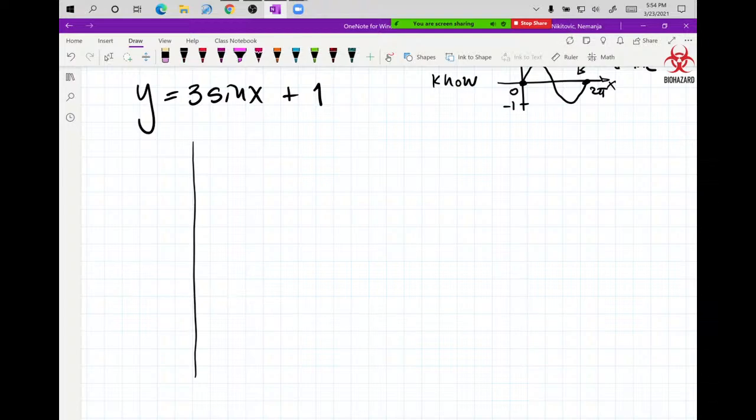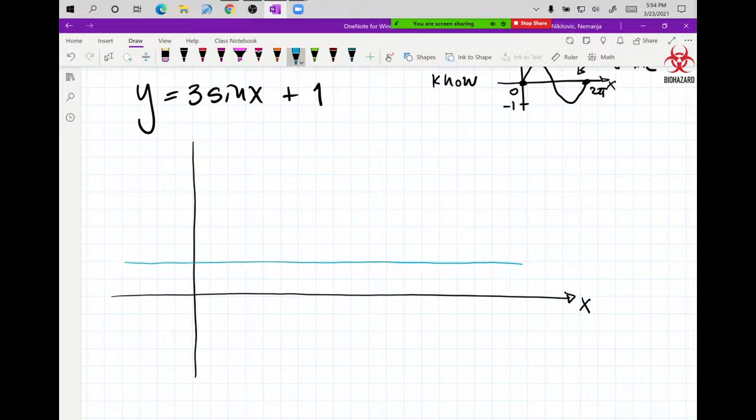My original midline is where the x-axis is. But now, because of +1, the midline is going to go up. Let's use blue, I guess. And we're going to say that this is our midline, and that is happening at 1.